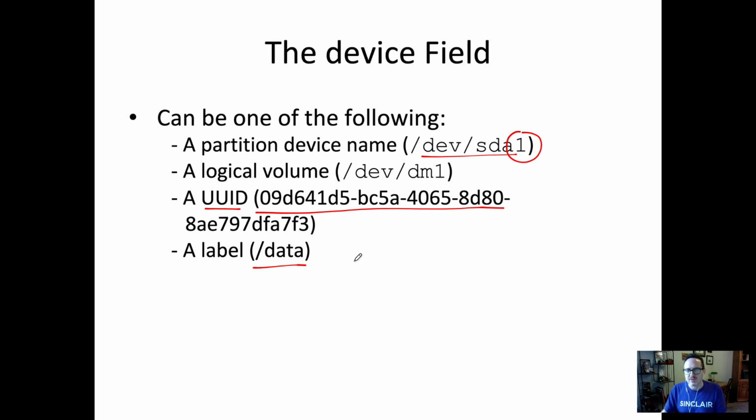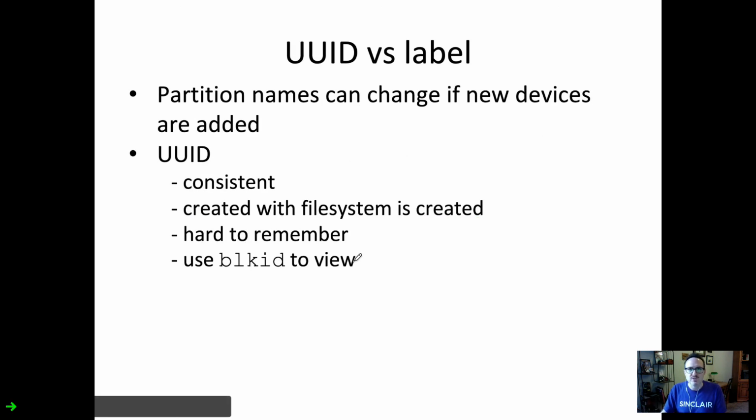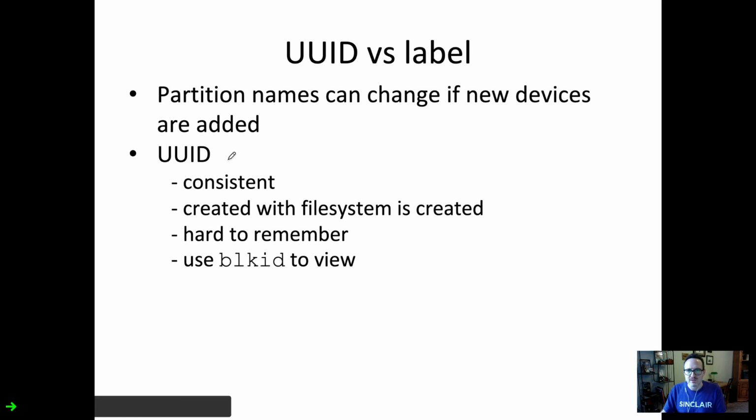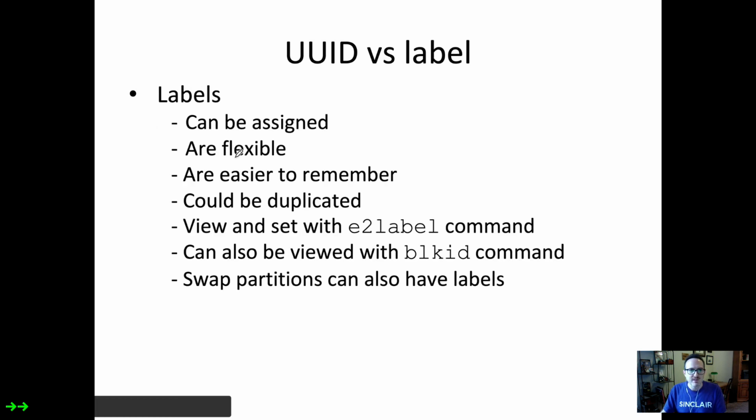Again, look at the best practices for that device and that server. So again, with UUID, the partition names can change if new devices are added. Most times this is pretty much low risk, but something to consider. You can use blkid to view the UUID, and use that to mount to that mount point.